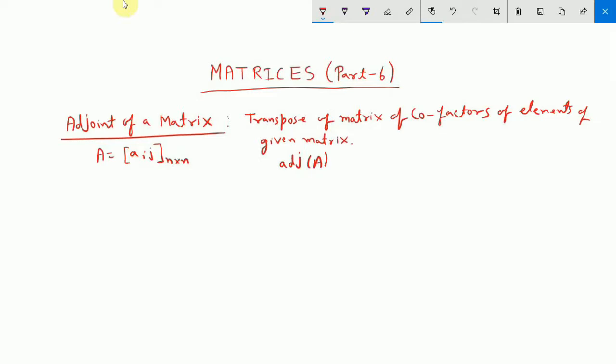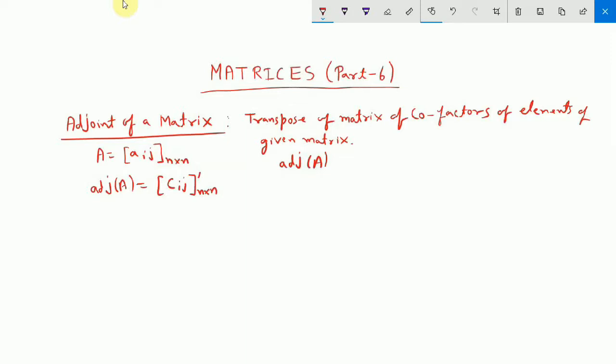If matrix A is Aij, then adjoint of matrix A will be Cij. Cij is the cofactor, and we have to take transpose. Order will be same, n into n.